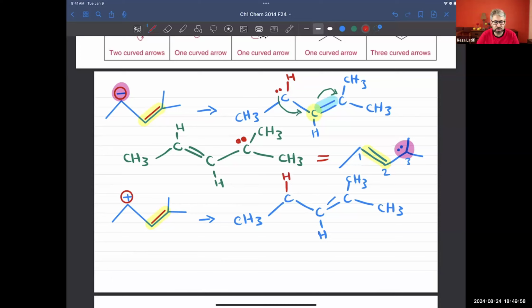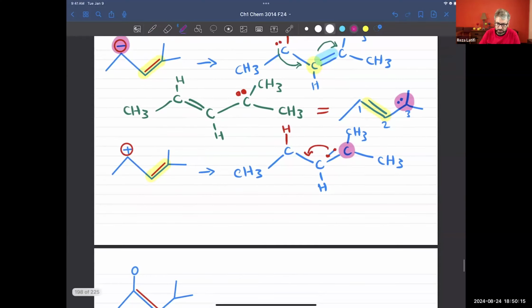And so what will happen now? I'm going to take those 2 electrons, the pi bond, and I will put them there. That's going to leave me with a positive charge on that carbon. But let's subtract this carbon, see what will happen to it.